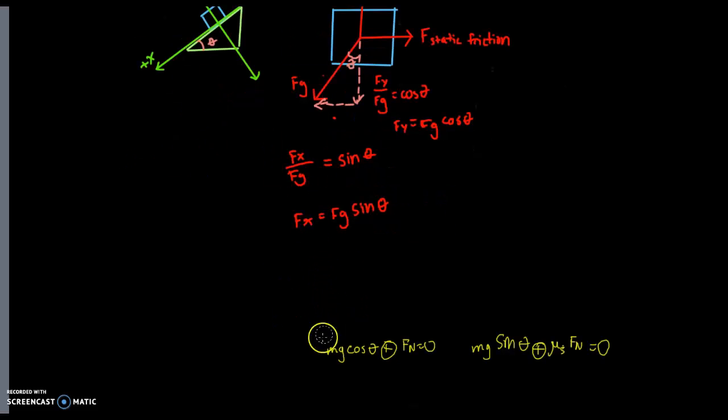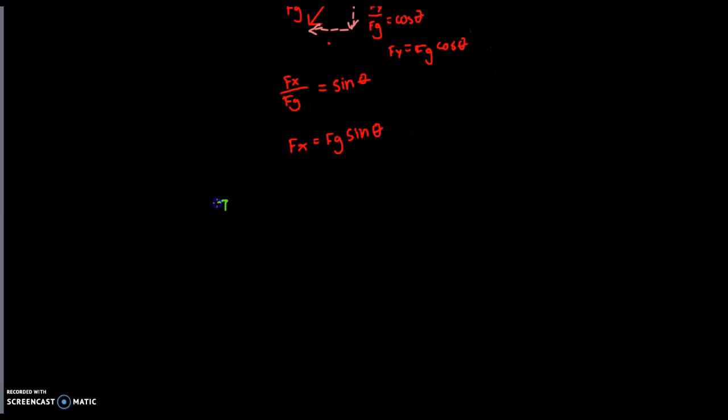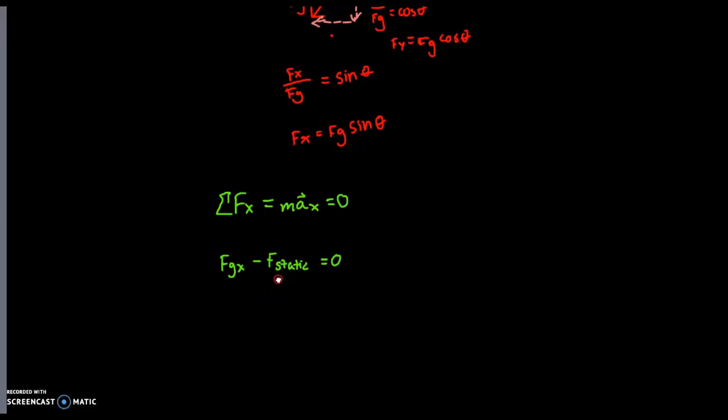Use Newton's second law for each of the x and y directions. The sum of all forces in the x direction is equal to mass times acceleration in the x direction, and that should equal 0 because there's no movement. In the x direction we have the force of gravity in the x direction minus the force of static friction, which goes the opposite way, and that should equal 0 again.